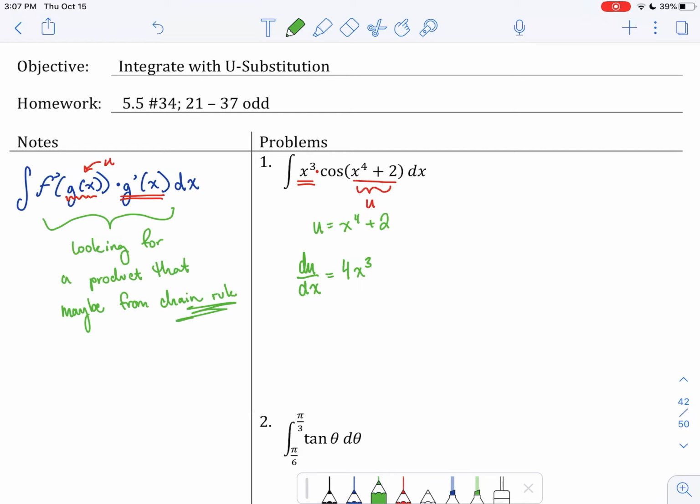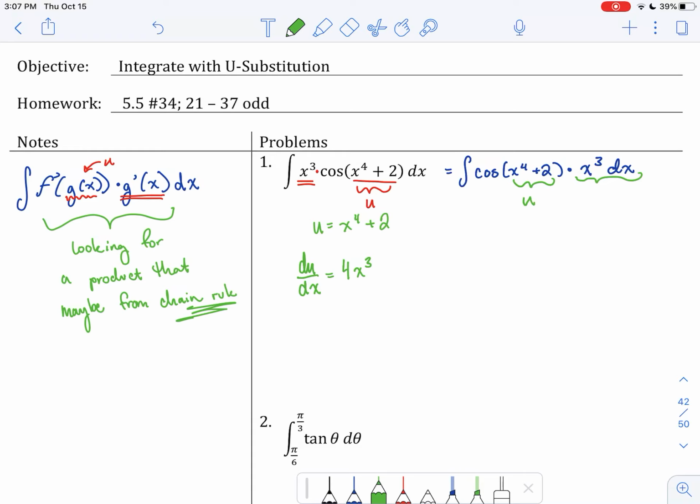Now the reason I'm doing that is that if I look at my integral here, I have the cosine of x to the 4th plus 2, but I don't have 4x cubed. I have also an x cubed and then a dx. This is what I actually have that I'm going to substitute in terms of du. So this will be in terms of u.